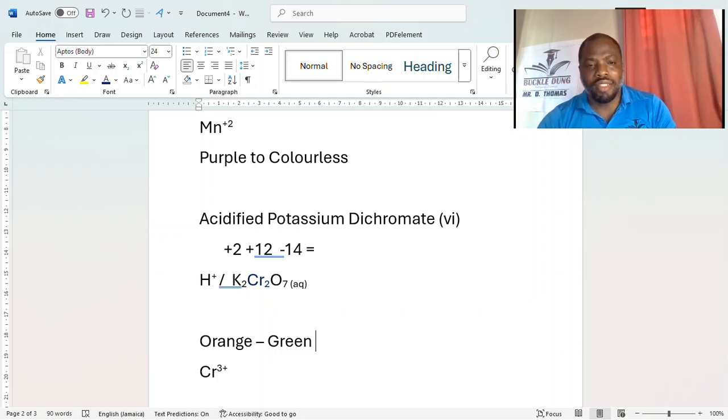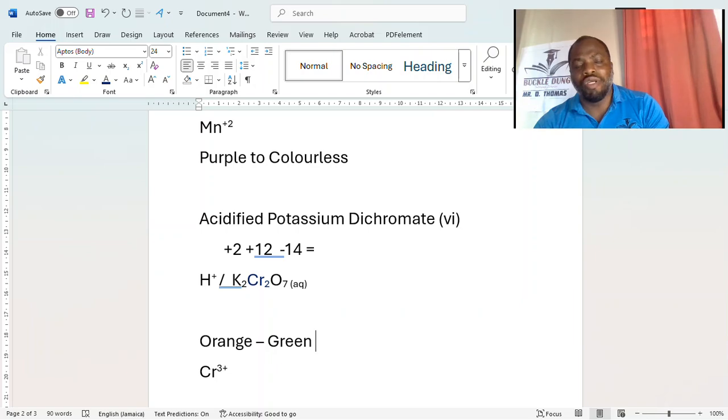So in this case, the acidified potassium dichromate, when you have that chromate ion being a plus 6, it has that orange appearance. But once it is reduced to the plus 3, it's going to change from orange to green. And so that will indicate that it is now with a reducing agent.